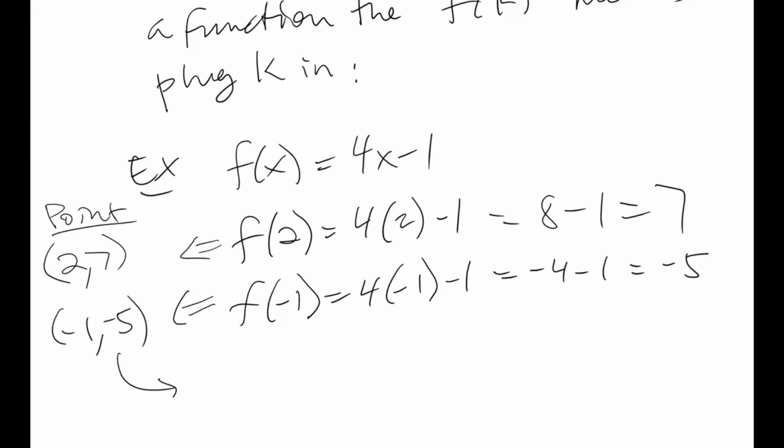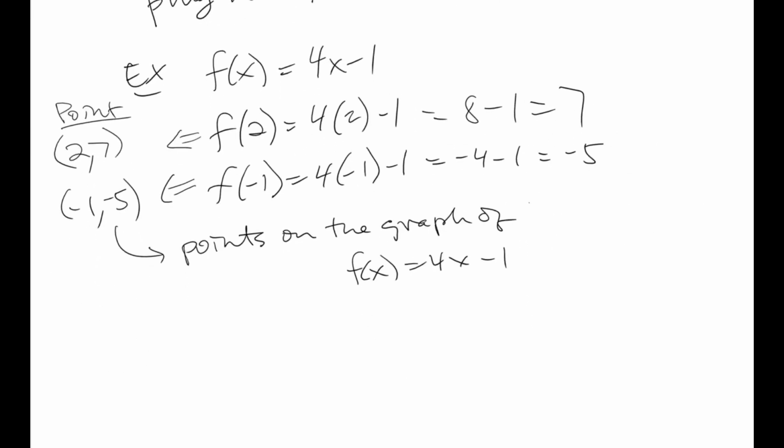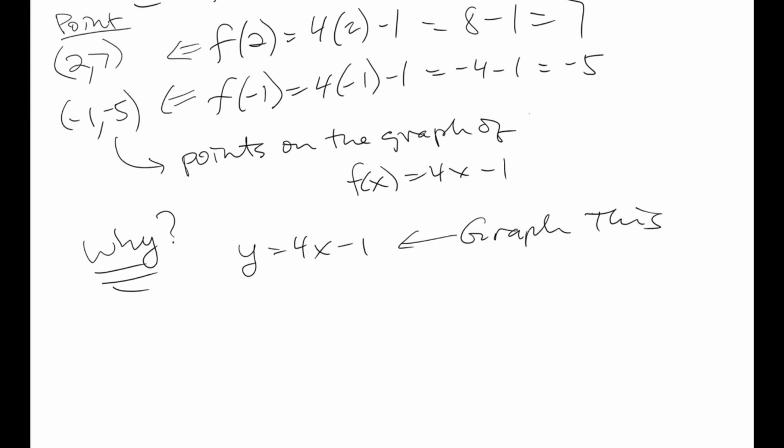So these are points on the graph of f of x equals 4x minus 1. Well, you might be like, well, why? Well, if we go back to y equals 4x minus 1, and I say graph this, one way to graph it is just to plug in points.